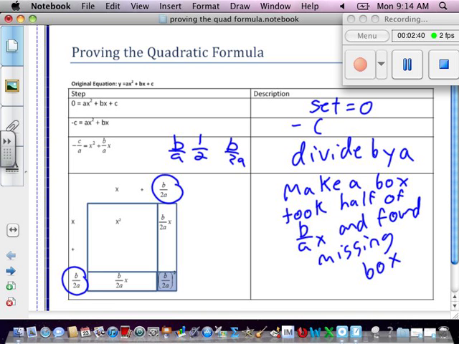We know we got b over 2a x, which is exactly what we want. And then we multiplied them together. B over 2a squared. What's b over 2a times b over 2a? What do we get? B times b is b squared. Okay, 2 times 2 is 4a squared. All right, let's turn to the next page.